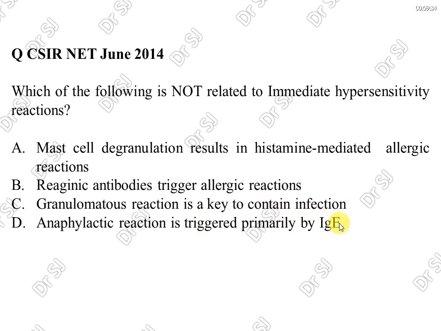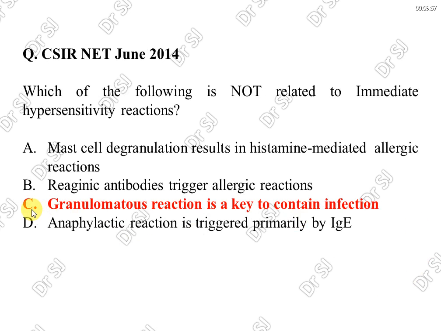You remember that IgE is part of immediate hypersensitivity reaction, so you can relate it to the same reactions. So option C should be the choice because it is not related to immediate hypersensitivity reaction. Easily we can mark option C as the right answer.